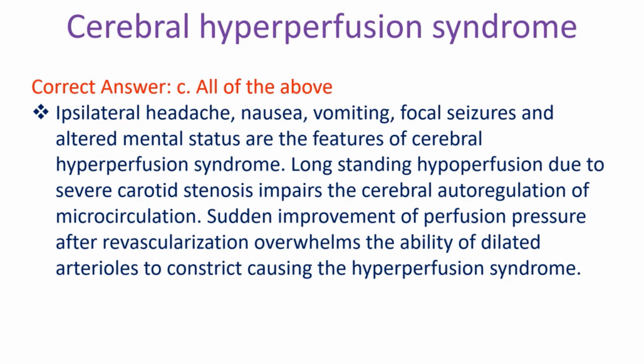Long-standing hypoperfusion due to severe carotid stenosis impairs the cerebral autoregulation of microcirculation. Sudden improvement of perfusion pressure after revascularization overwhelms the ability of dilated arterioles to constrict, causing the hyperperfusion syndrome.